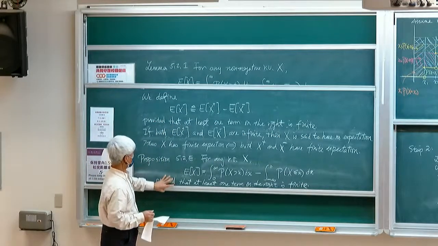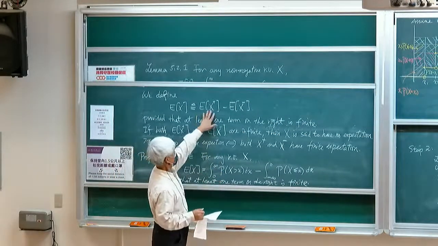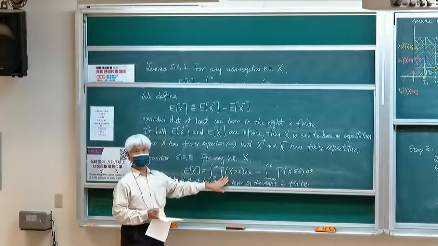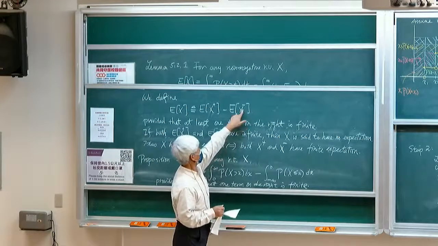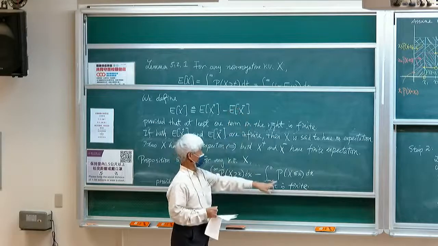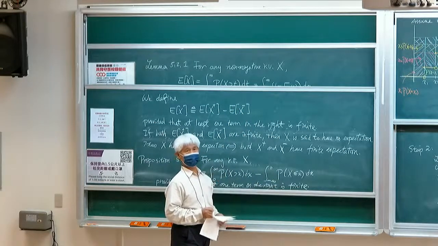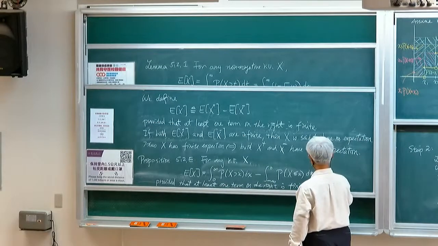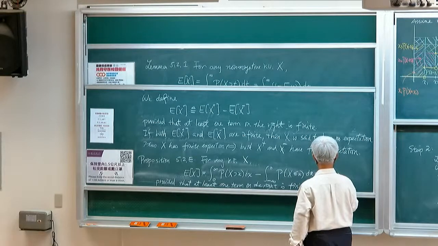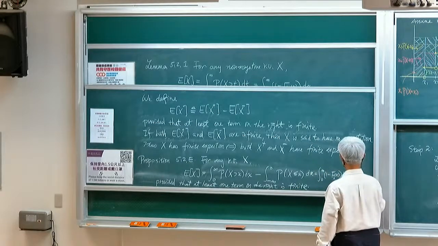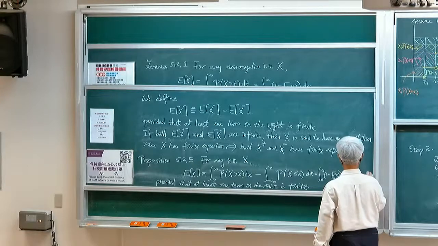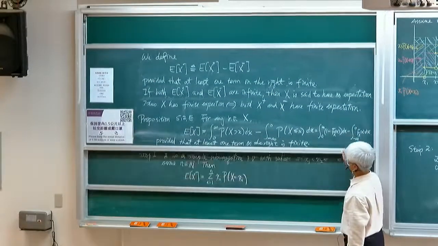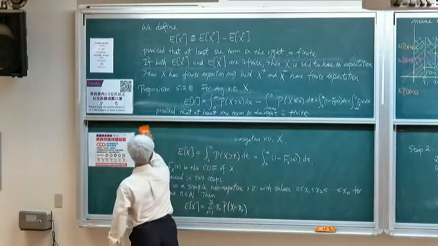What we want to show is that the expectation of the positive part of a generic random variable is equal to this integral, and that the expectation of the negative part of a generic random variable is equal to this integral. So in terms of CDF, we have here.